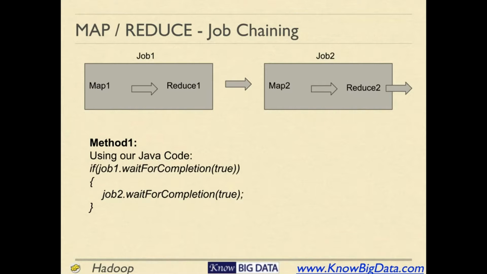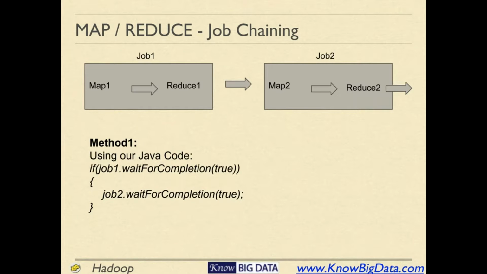So effectively you will have multiple MapReduce jobs to be executed sequentially, with the output of the first job becoming the input of the second job. For job chaining, the simplest way is to create two job objects, job 1 and job 2, wait for job 1's completion and then start job 2.